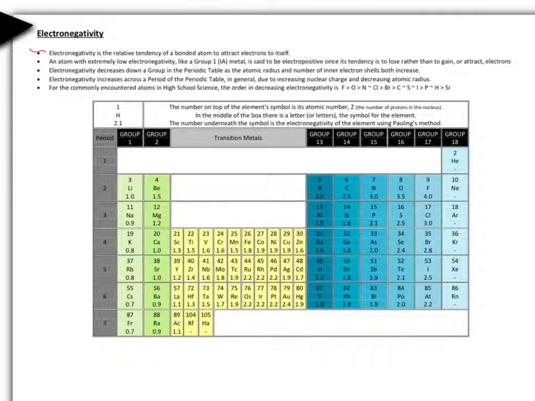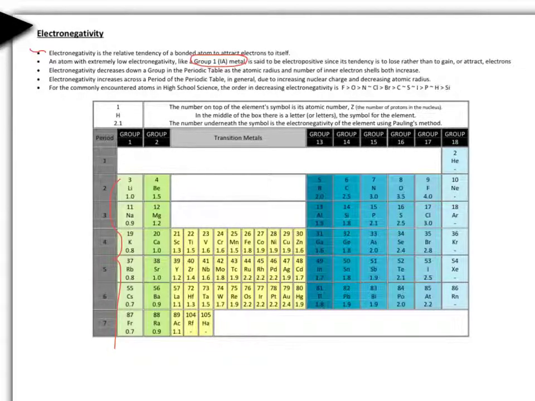Now, for example, group 1A, those metals, have extremely low electronegativity, and you can see that over here. Therefore, sometimes they are called electropositive, because they don't even pull electrons, they just give their electrons.